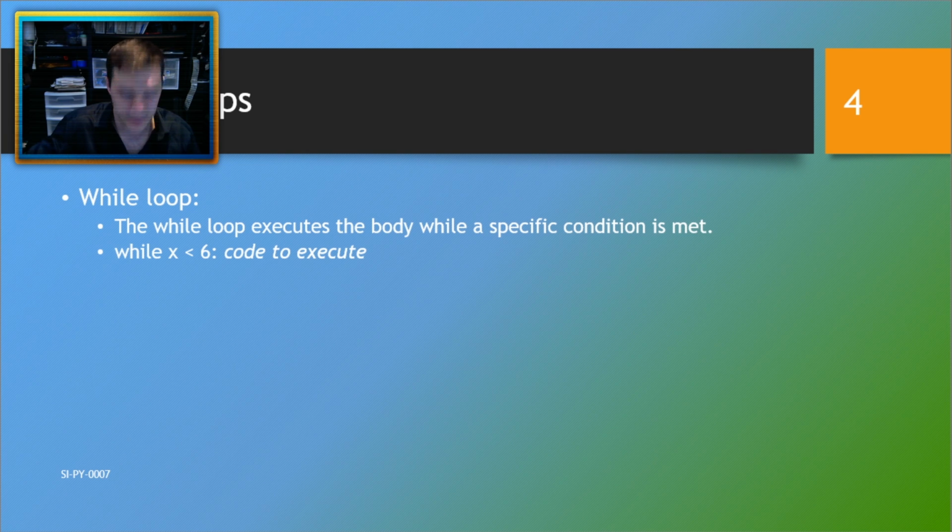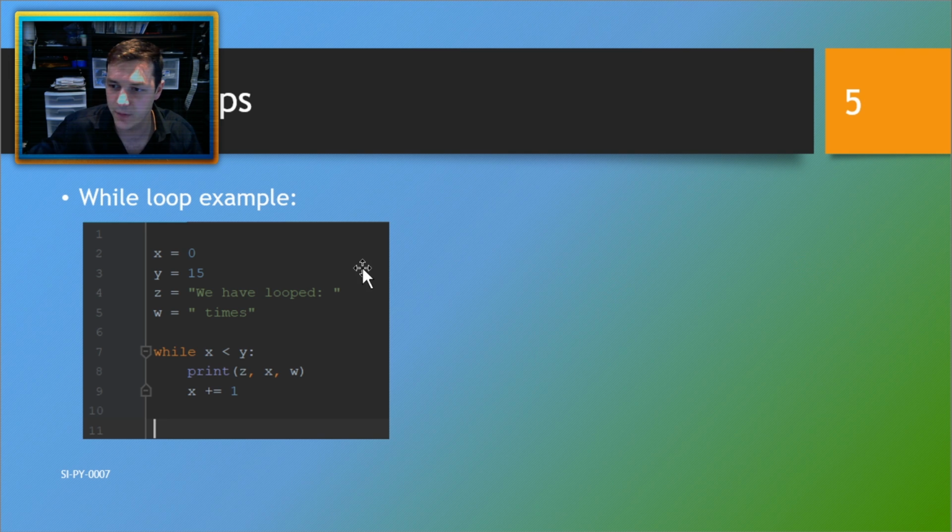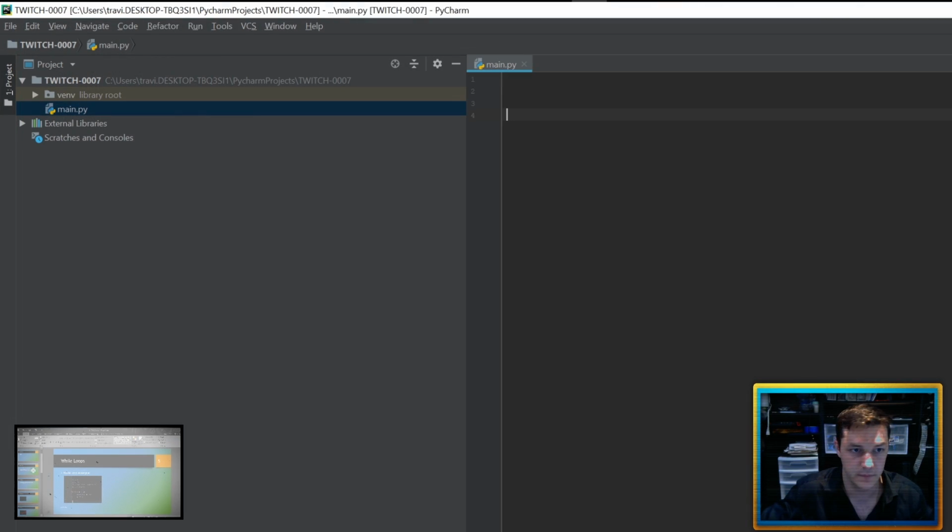So let's dive on into the thick of it. Here's an example of the code. I'm going to type it up. We're going to try it out and see if it works. So here we go. We're going to set X to 0.